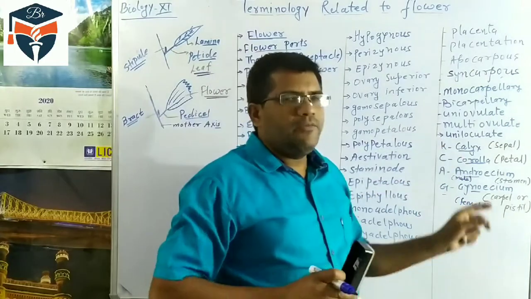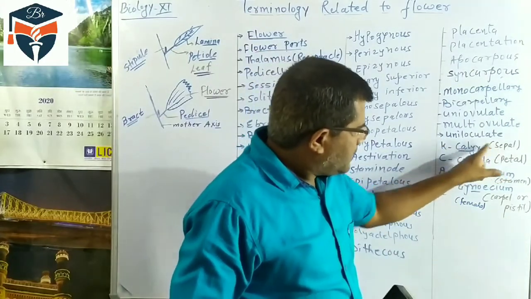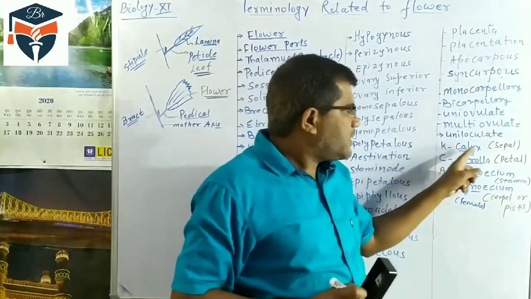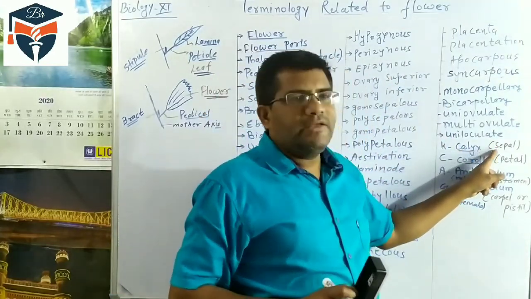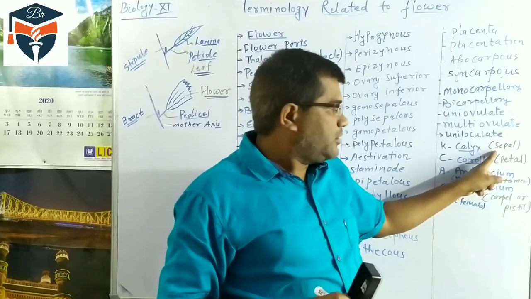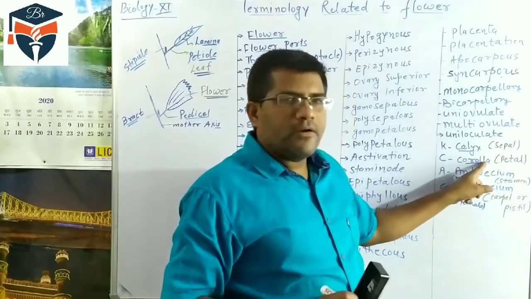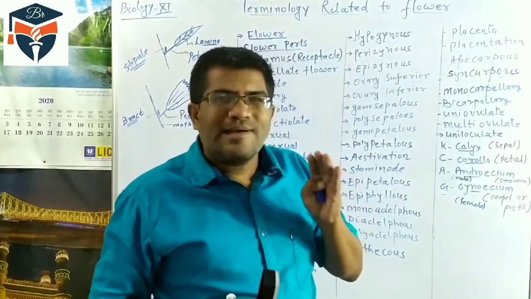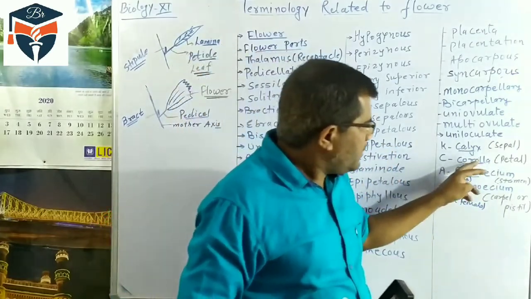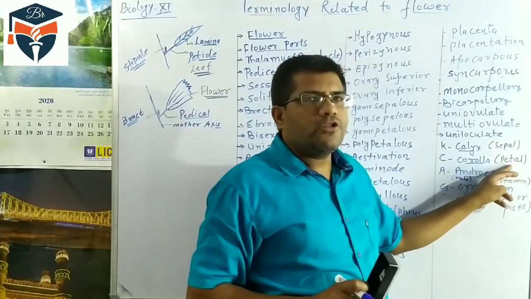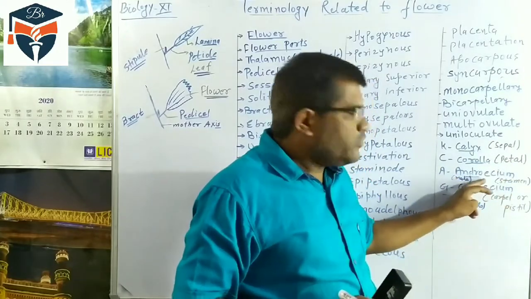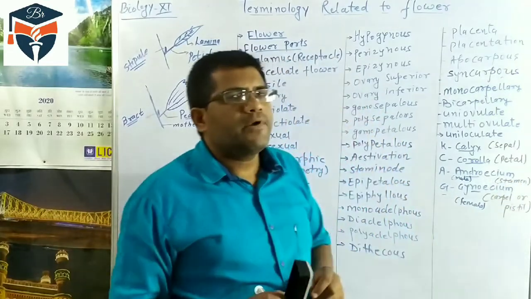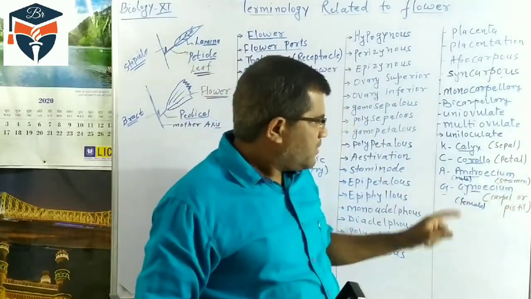Collectively the green parts are called the calyx, and an individual part of the calyx is called a sepal. The corolla, which is generally colorful, has individual parts called petals. The androecium is the male part, and an individual part of the androecium is called the stamen.